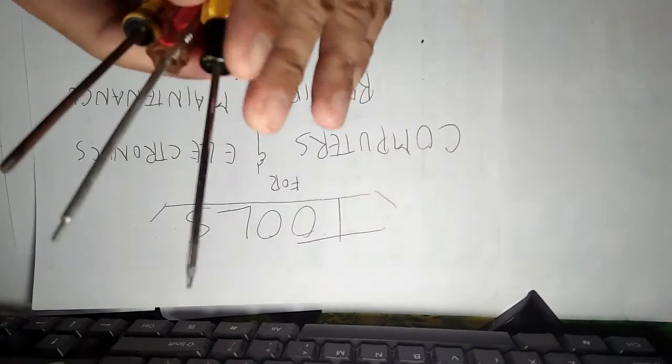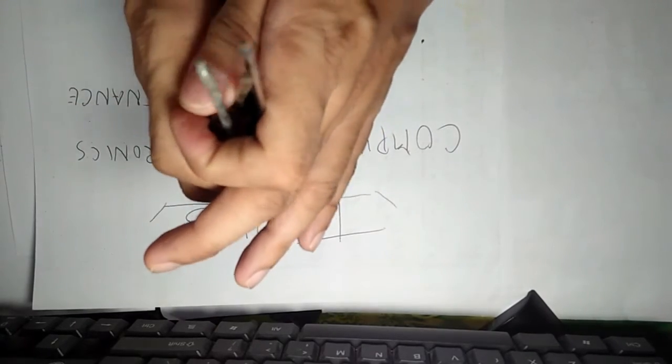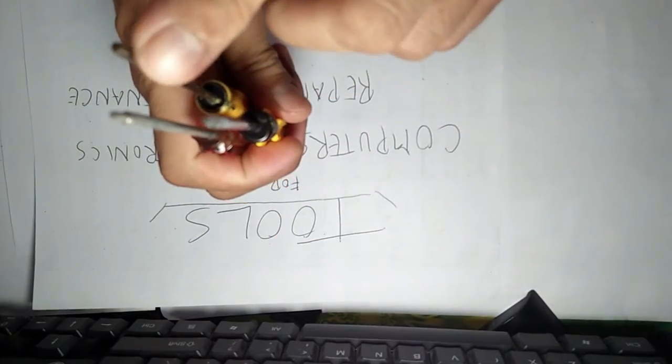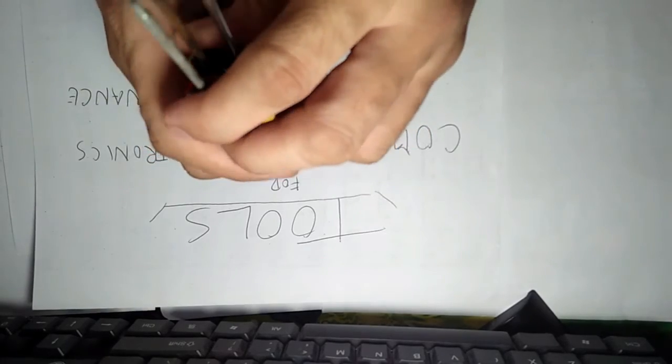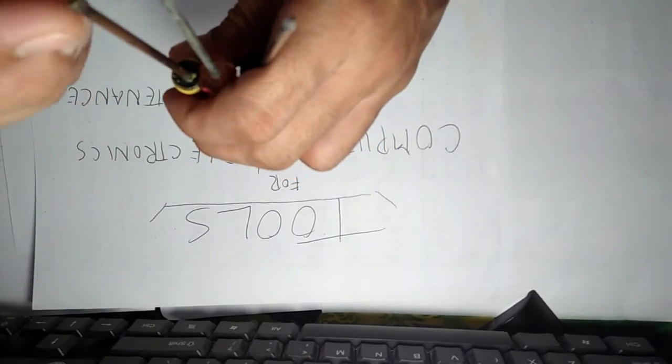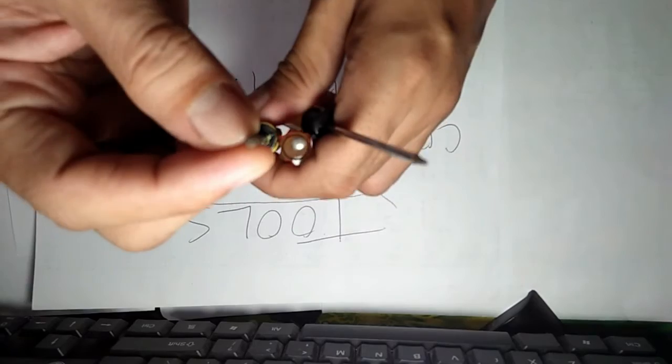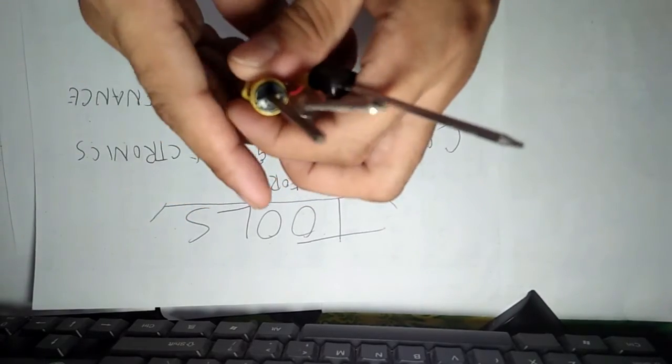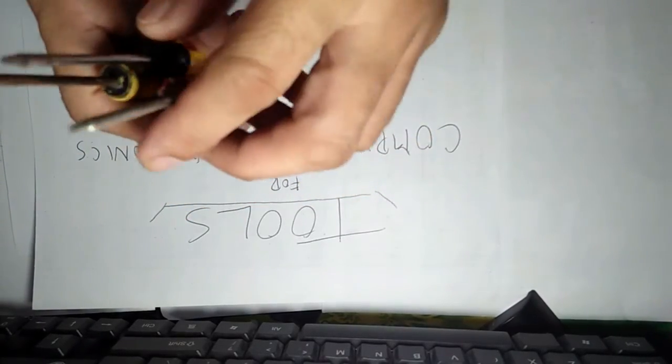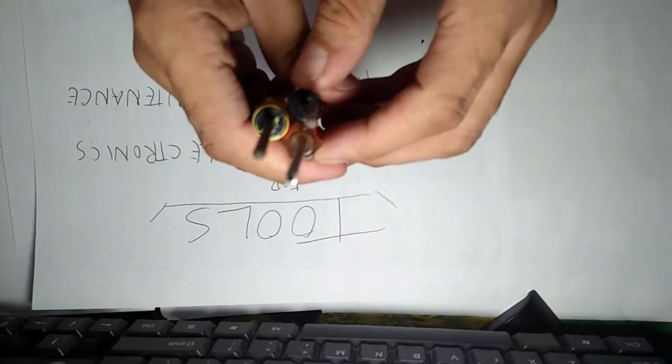And then we have here the star screw, okay, the star screwdriver, okay, star screw. Ang ibig sabihin po nito, yung kanyang pinaka-tip, okay, pinaka-tip po niya ay itsurang star, kaya po tinawag siyang star screw, okay, star screwdriver.